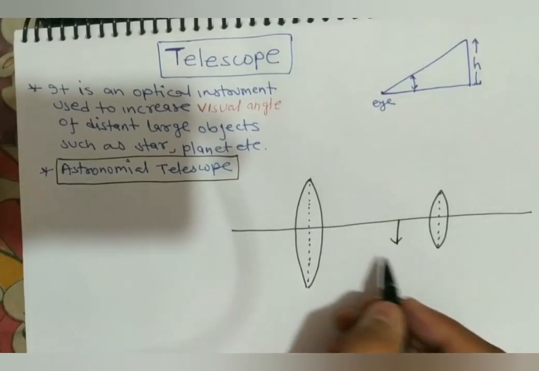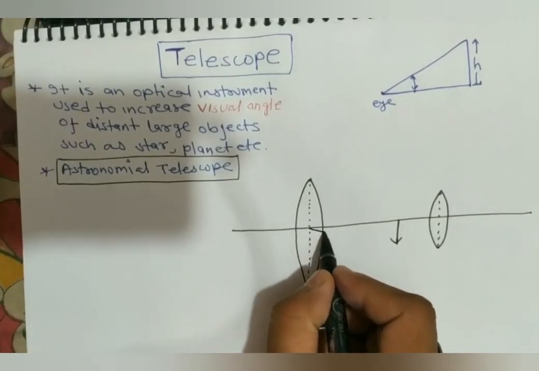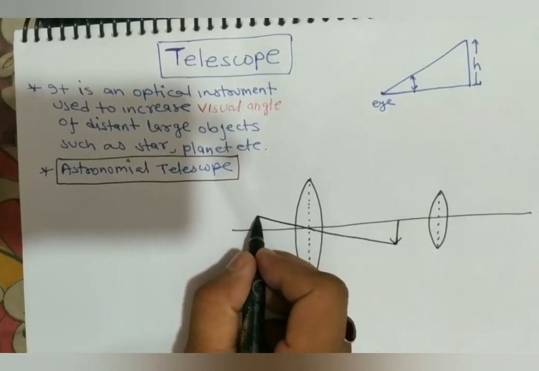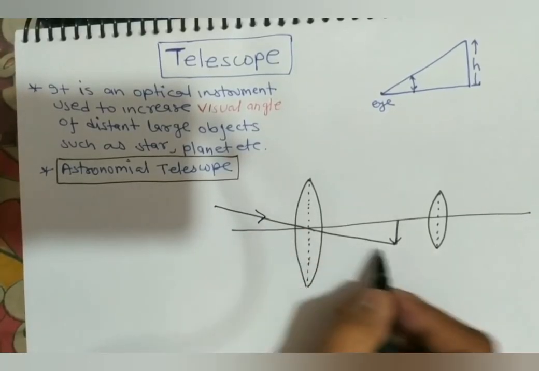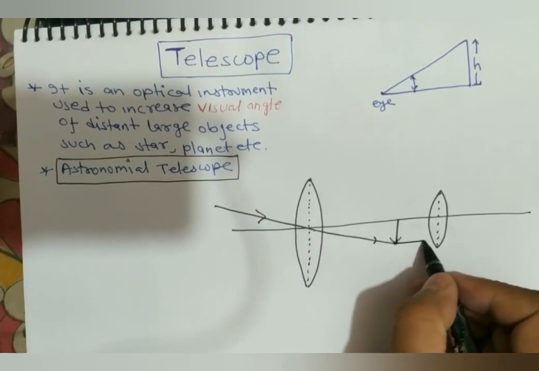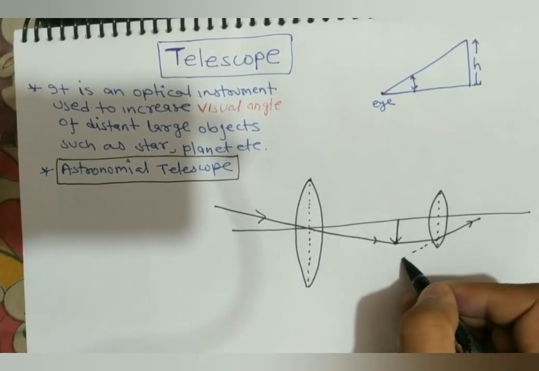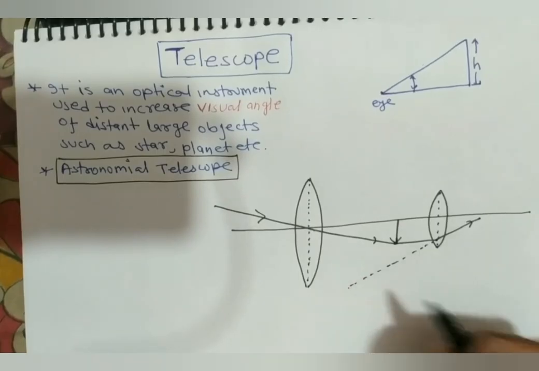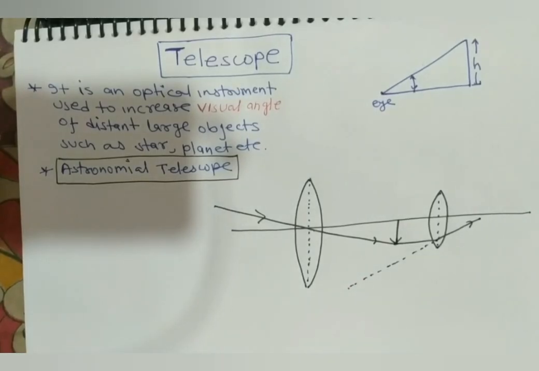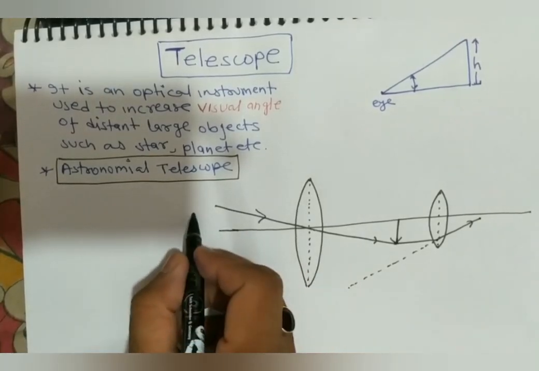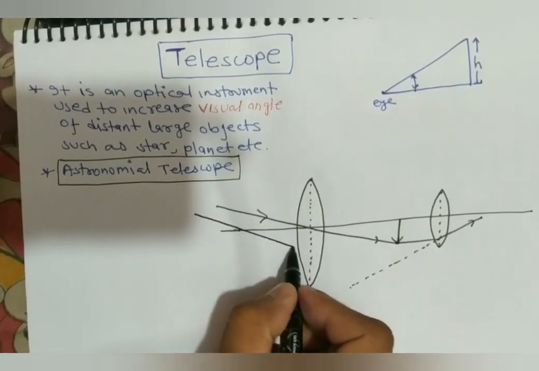Let light pass like this, it will go to this, and the extended point will be in this section. Let the second ray pass through the focus.